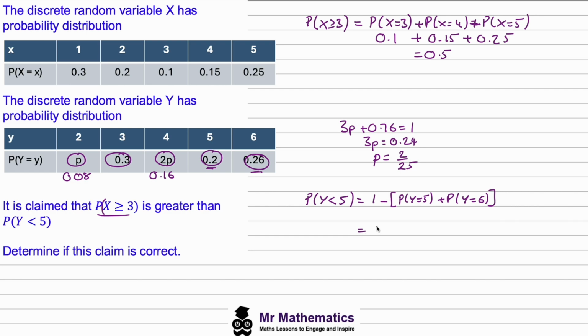So we've got 1 minus the 0.2 add the 0.26, and this will give us 0.54. So you can see that the probability of x being greater than or equal to 3 is less than the probability of y being less than 5. And therefore the claim is wrong.